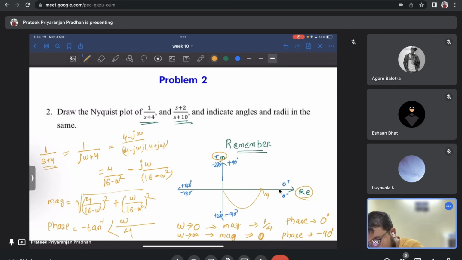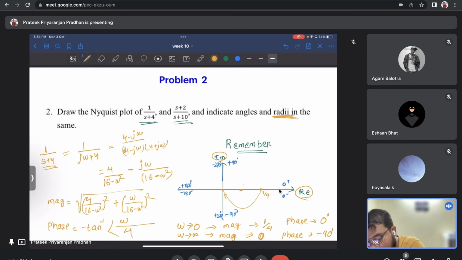So it is like this. Okay, and this is at 0 for omega equal to negative. For the Nyquist plot, actually you have the other side also. I'm not drawing the other side. So the question says, what is the radius?